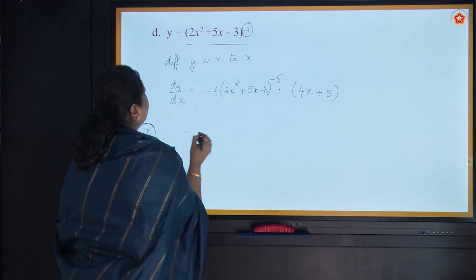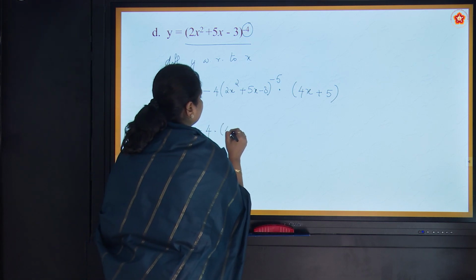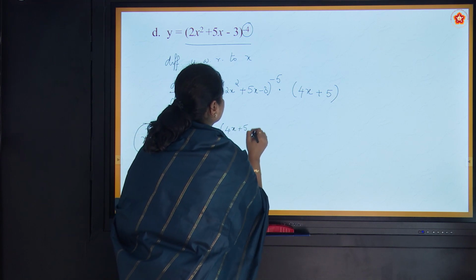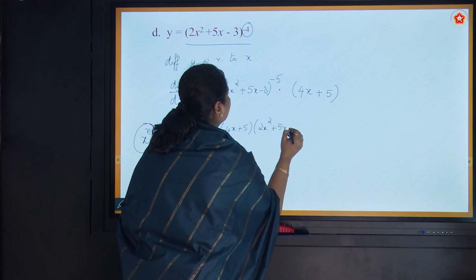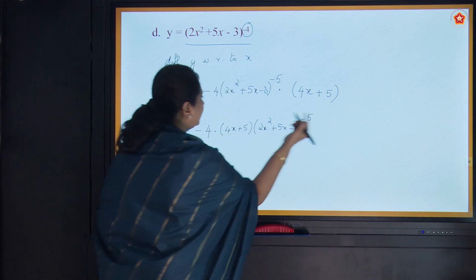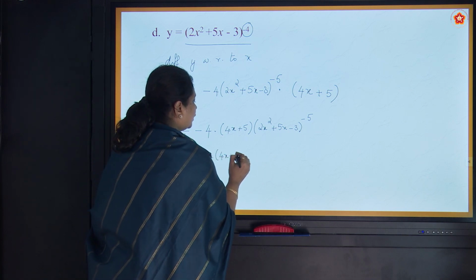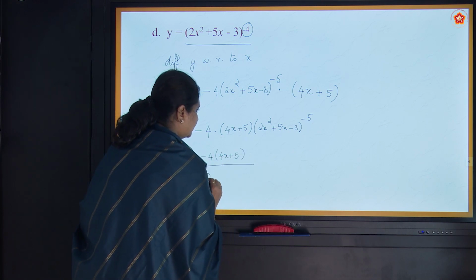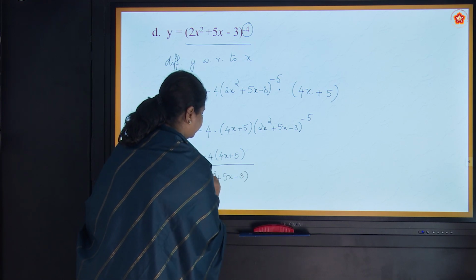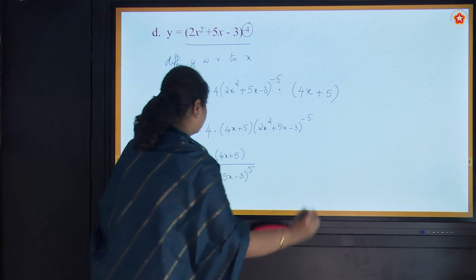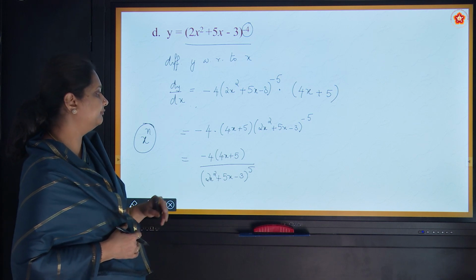So now we have to rewrite it, the coefficient, then the binomial, then the trinomial. But if you see, there is a negative power. So answer to be expressed using positive power. So bring it to the denominator and express it this way. So this is the final answer.